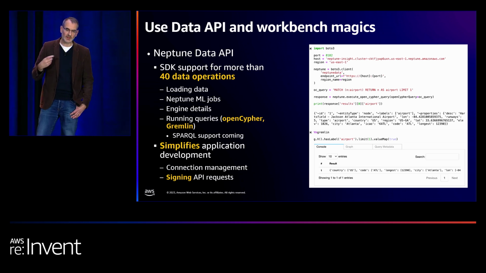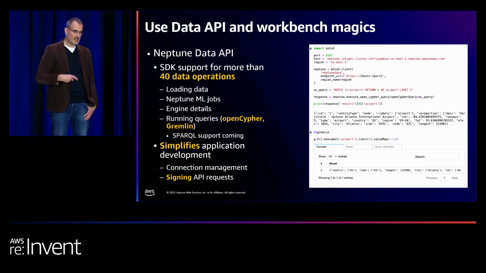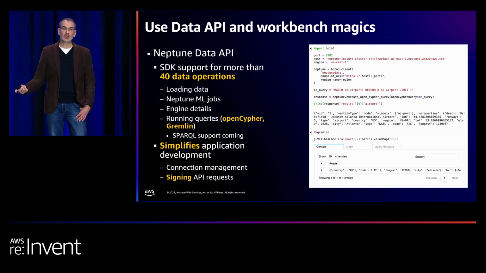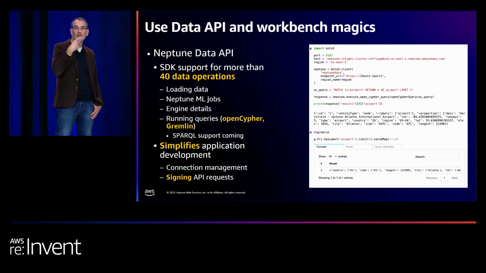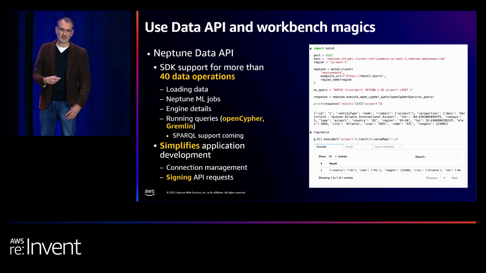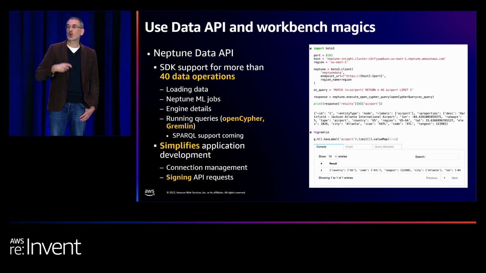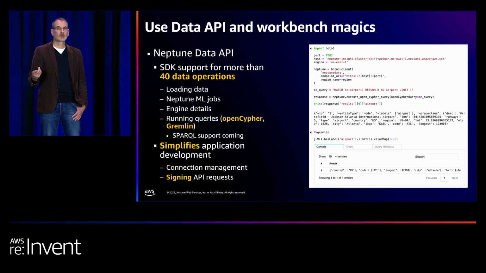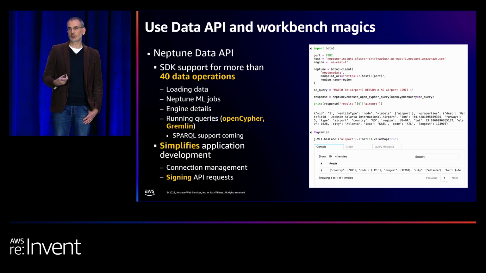These include things such as loading data, bulk loading data, running different Neptune machine learning jobs or tasks. You can use it to get the engine details and the graph statistics, the summary statistics. But most importantly, you can use the data API now for querying Neptune. So today it supports openCypher and Gremlin, but we've got SPARQL support coming very, very soon.